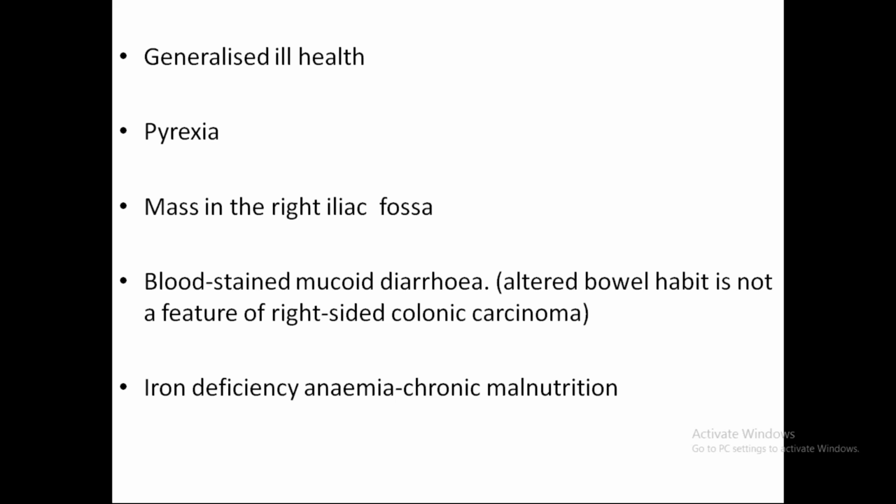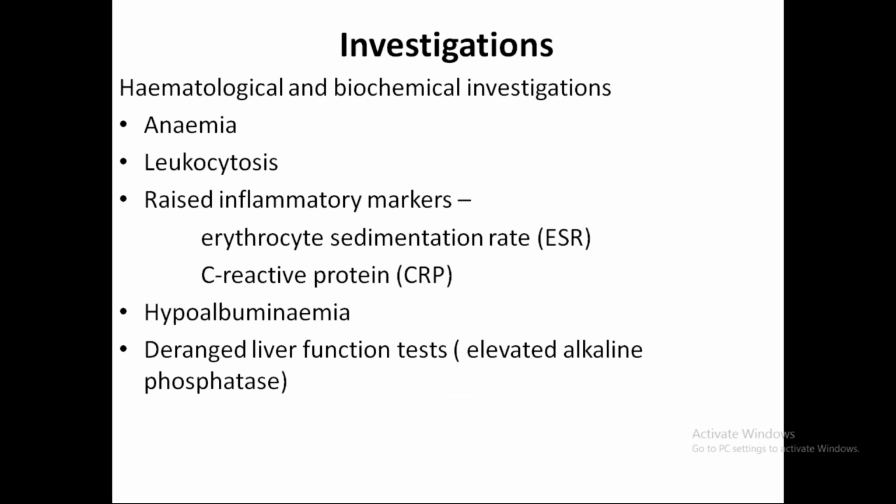So if you find bloodstained mucoid diarrhea with a mass in the right iliac fossa, you can have amoeboma as a diagnosis. Anemia can be present in both conditions due to chronic malnutrition. Coming to investigations: anemia, leukocytosis, raised inflammatory markers like ESR and C-reactive protein, hypoalbuminemia, and deranged LFTs will be present.